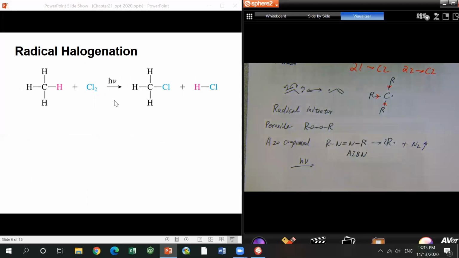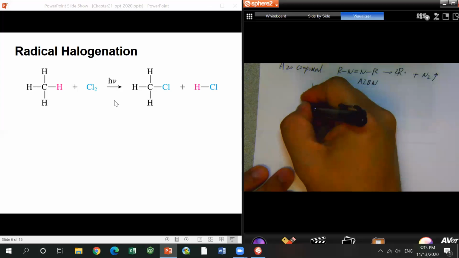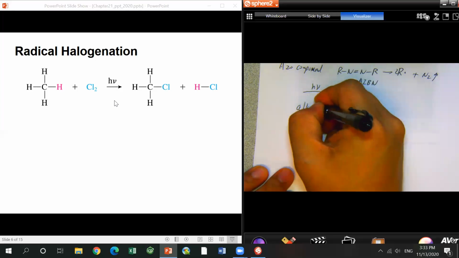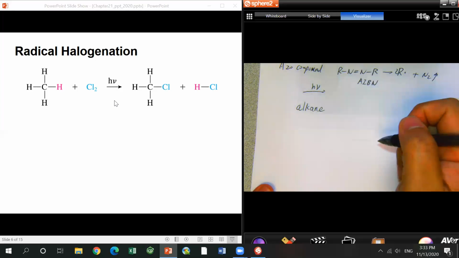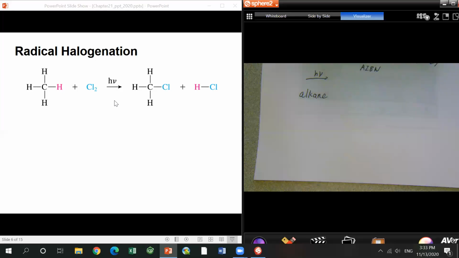So why do we study radical reactions? One case is that so far we haven't learned any reaction of alkanes. You can look at your previous notes and chapter slides. You'll find we learned a lot of reactions of alkenes, alkyl halides, and carbonyl compounds, but none for alkanes. But alkanes are actually pretty important chemicals.